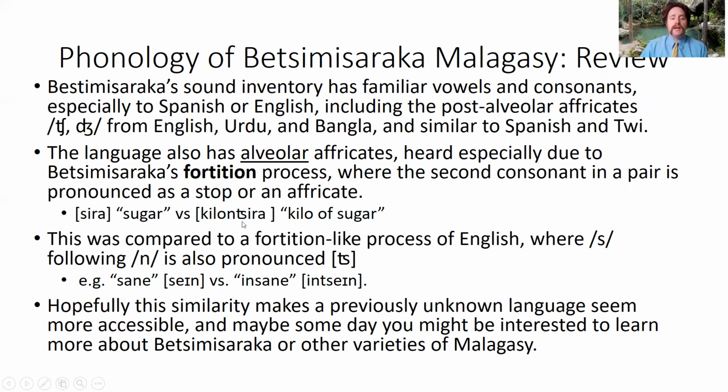We saw a similar example in English with sane versus insane, where that t sound is heard. So I hope this comparison between English and Betsimisaraka makes an unknown language look more accessible, and hopefully it can inspire you to want to know more about Betsimisaraka and other varieties of Malagasy.